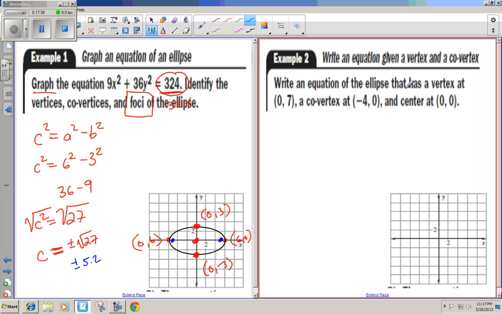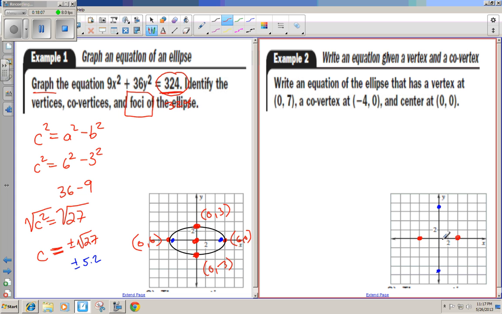Write an equation of the ellipse that has a vertex at 0, 7. 0, 7 is 0, 1, 2, 3, 4, 5, 6, 7 right here. That means then the other vertex is down below, 0, negative 7. It has a co-vertex at negative 4, so negative 4 and 4.